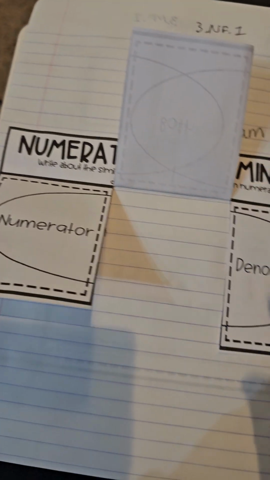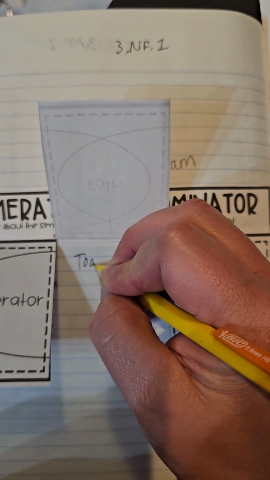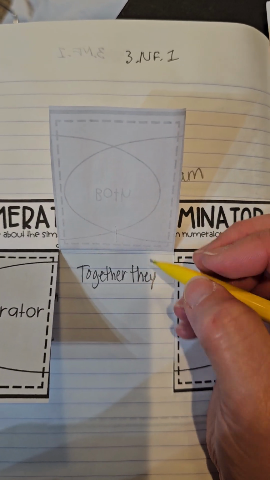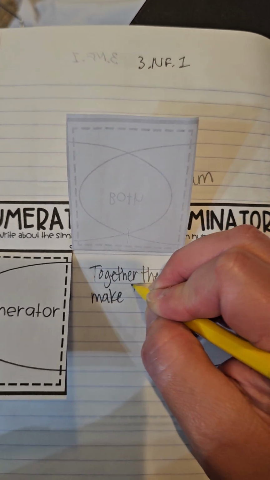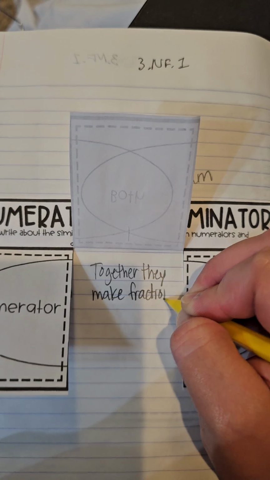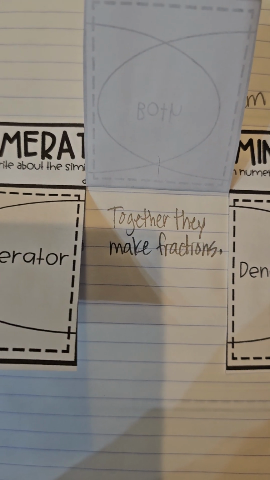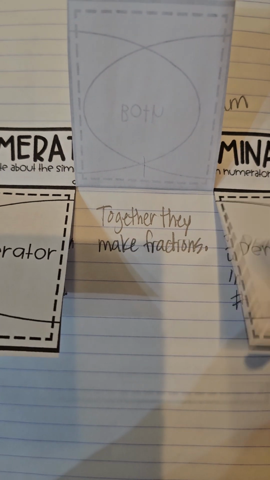Now under both, what is it that they have in common? Well, together they make, what are we learning about? Fractions. Simple as that. Need more time, pause the video and write that.